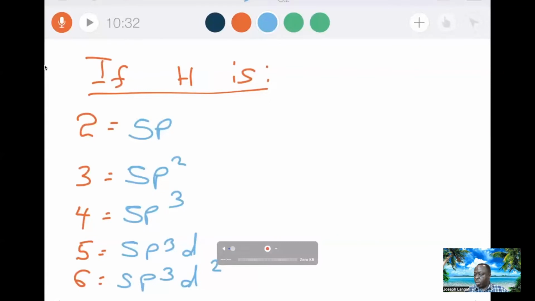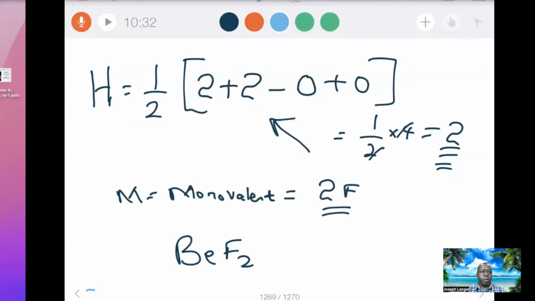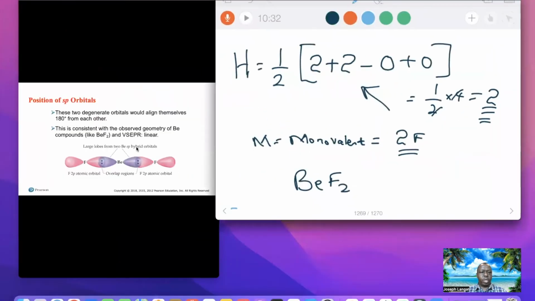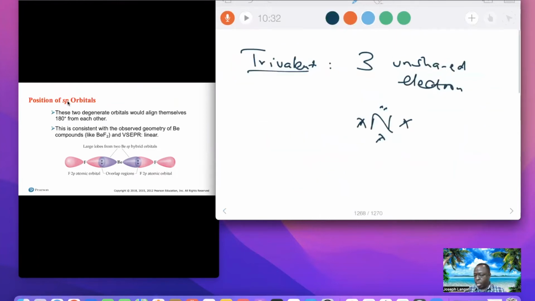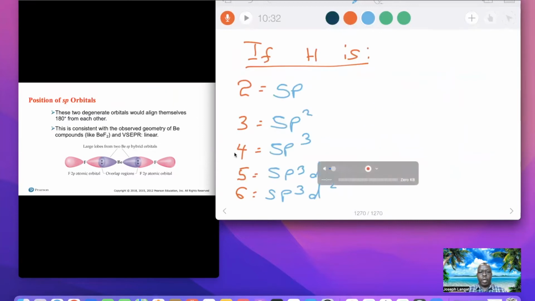sp3d2. So for beryllium fluoride, we did our math, and the value for H here is 2. Our conclusion is that the hybridization on beryllium is sp, based on the look at the whiteboard.